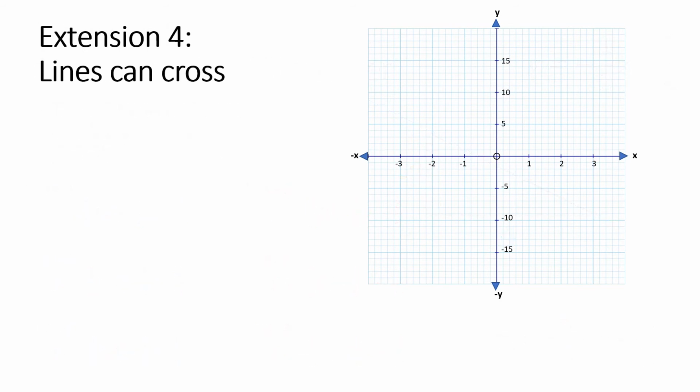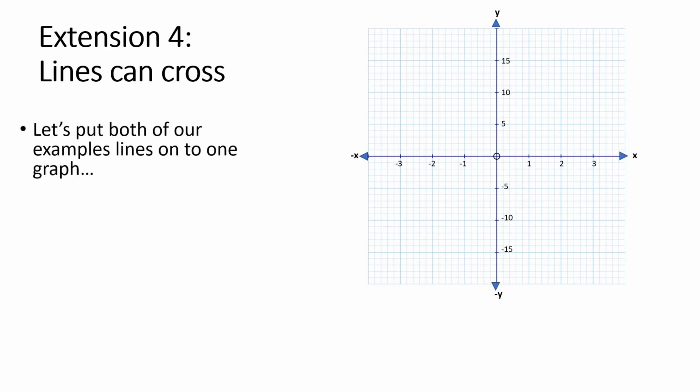And our final extension, which is perhaps the most complex one, is that lines can cross over. And that might seem obvious, but we can also learn quite a lot from this fact. Let's take both of our simple examples and put them onto one graph.